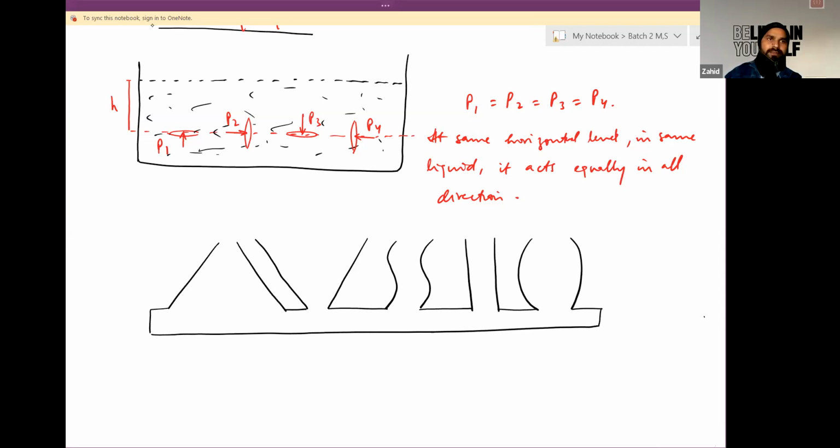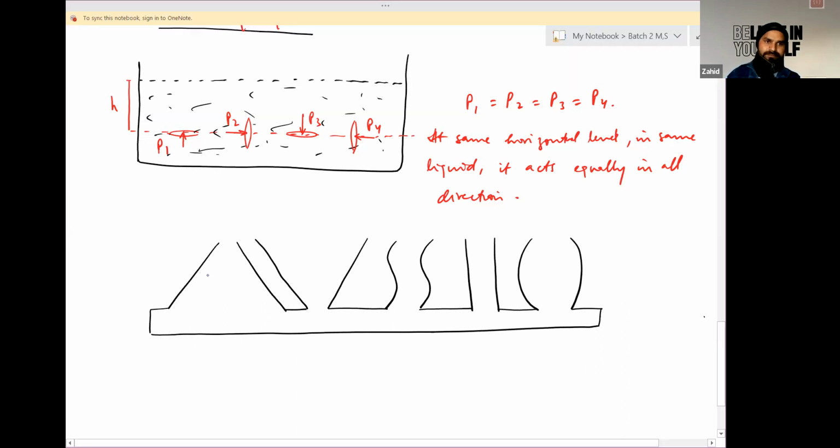And if you start filling liquid from any side, the level of liquid in each container will be the same. It means at equilibrium, the pressure difference between any 2 points will be 0. That's why there is no flow from one terminal to another.